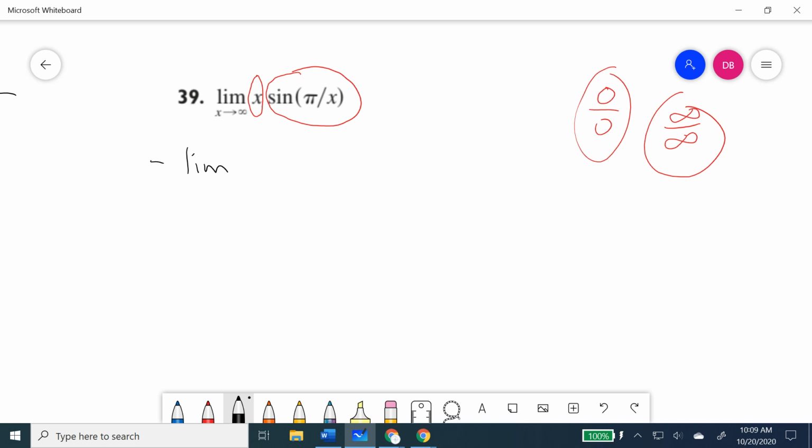So this limit is equal to the limit as x approaches infinity of, and I'm going to keep the sine of pi over x where it is, but reciprocate x. It's in the denominator, but do you see that I did not change what is there essentially? I already had indeterminate for x equals 0, so.